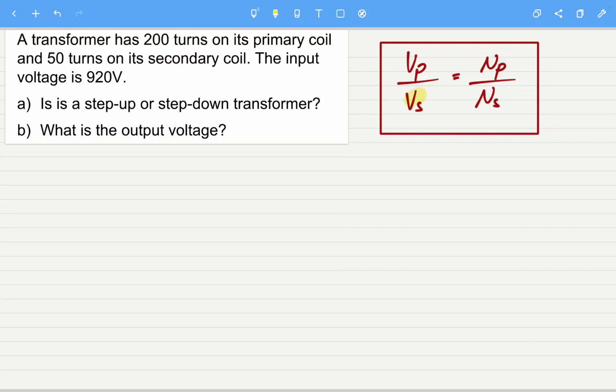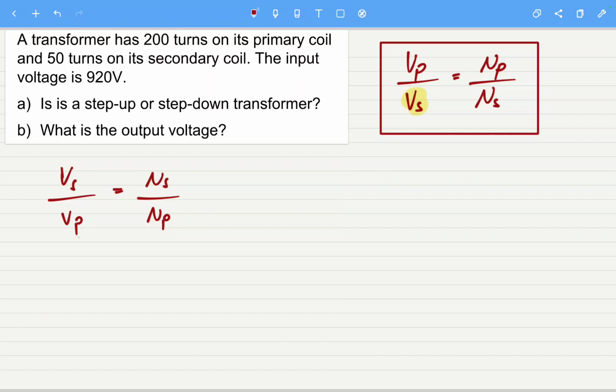What we need to do is rearrange to get voltage secondary. With an equation, you can do anything you want to one side as long as you do it to the other side. The first thing I'm going to do, and a good technique, is to flip both sides. So we end up with voltage secondary divided by voltage primary equals number of turns on the secondary divided by number of turns on the primary. Then we just need to get Vs on its own.